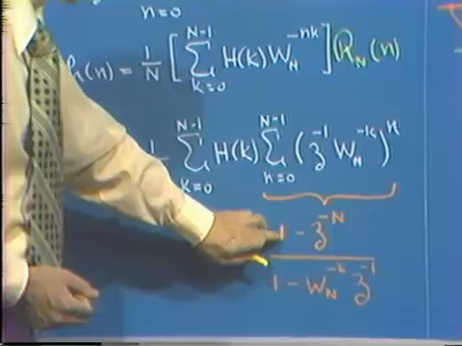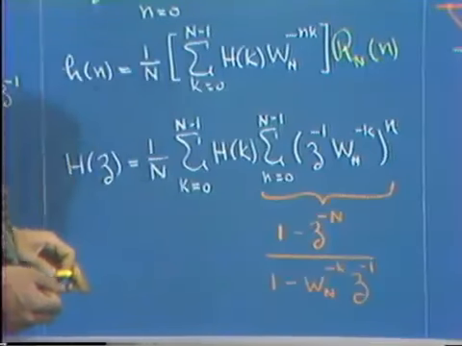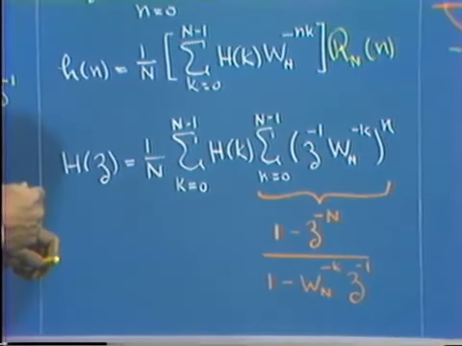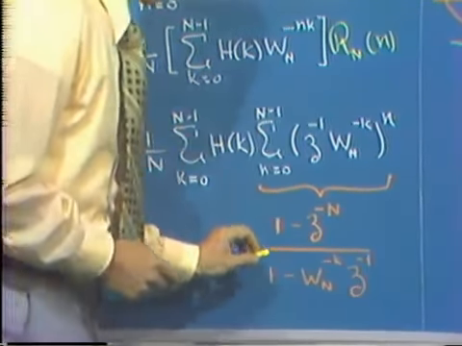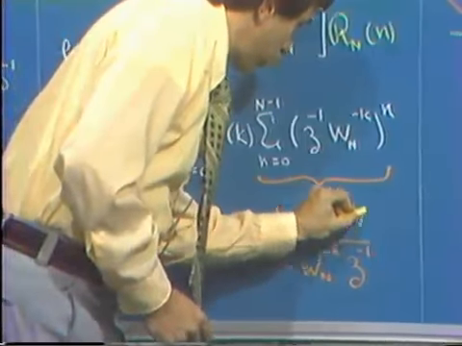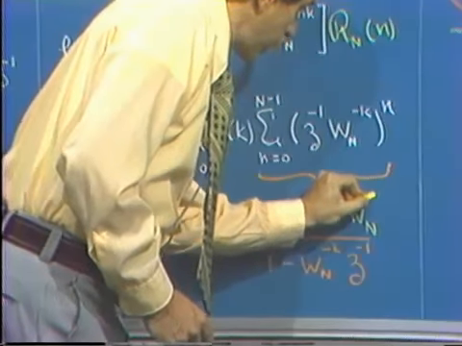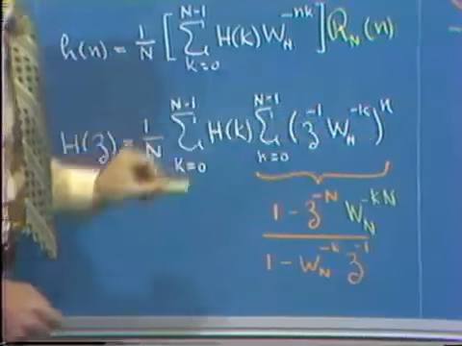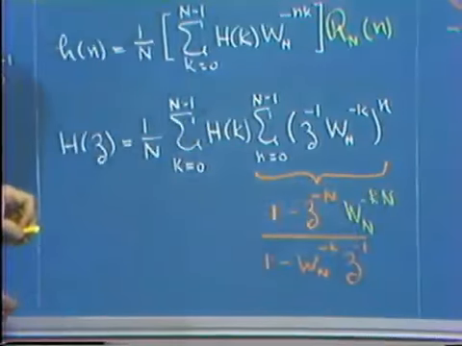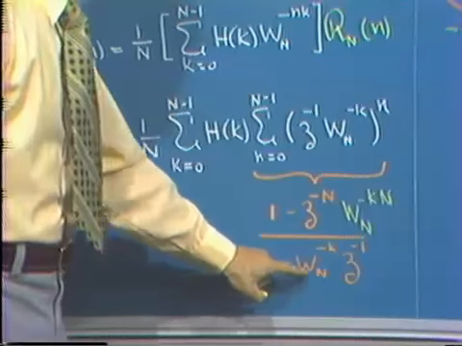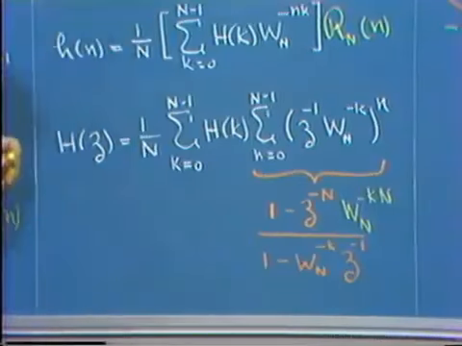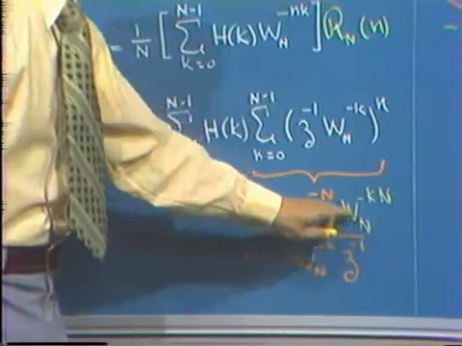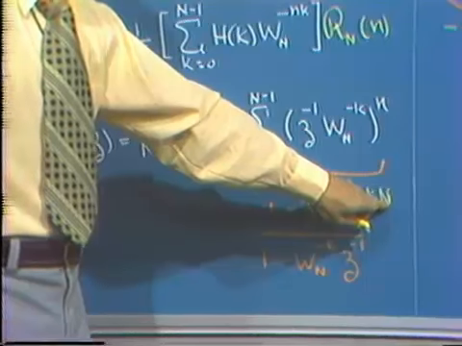And that sums up to 1 minus alpha raised to the capital Nth power, that is, 1 minus z to the minus capital N times W sub capital N to the minus k capital N, divided by 1 minus W sub N to the minus k times z to the minus 1. Well, what is W sub capital N to any integer multiple of capital N?